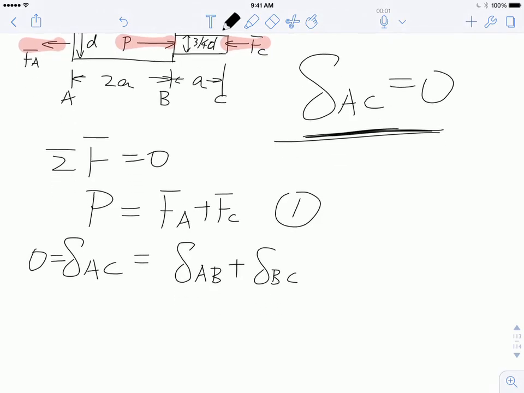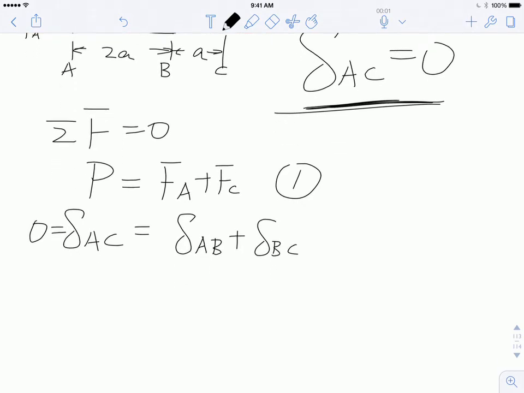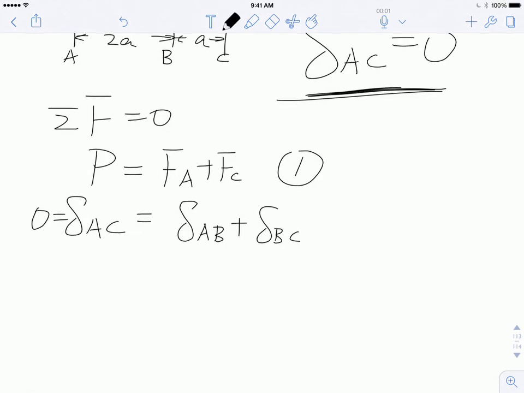BC is undergoing compression, so negative displacement. Once we have that, the next thing becomes easy. We need to find out what this and what this are. Another thing is, let's see the free body diagram of the whole thing.